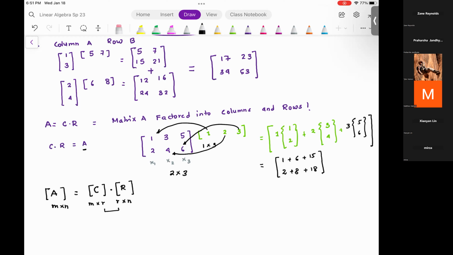Now, column times row factorization is very, very important because it gives us an insight into what basis vectors comprise this matrix. Let me give you an example. Imagine that you have a face, and you take a picture. If it's a black and white image, it's actually a matrix of size M times N. What I want to do is find out the most dominant features of this image.